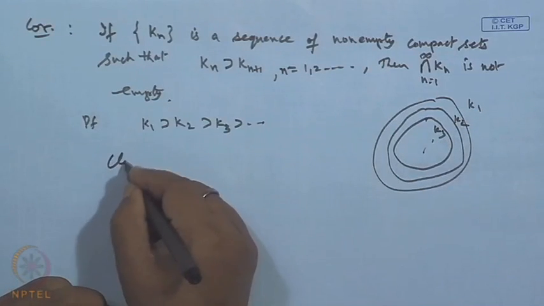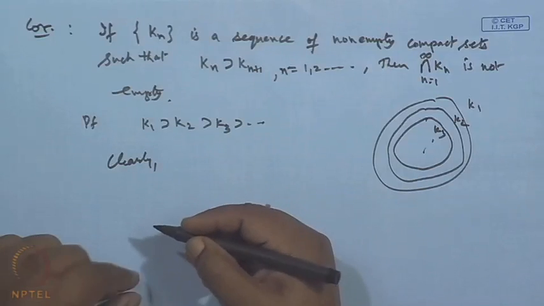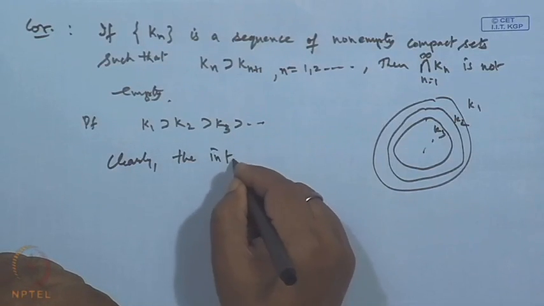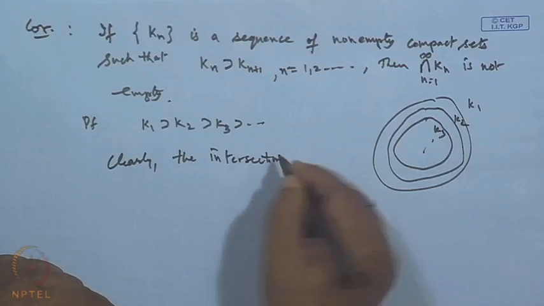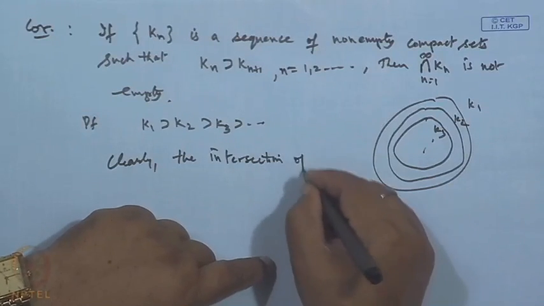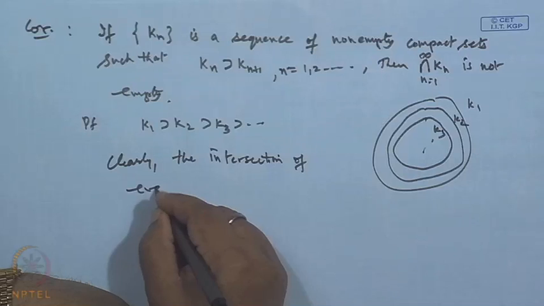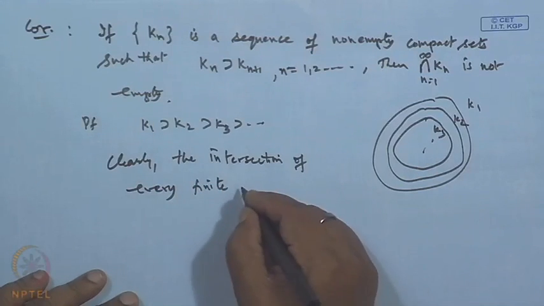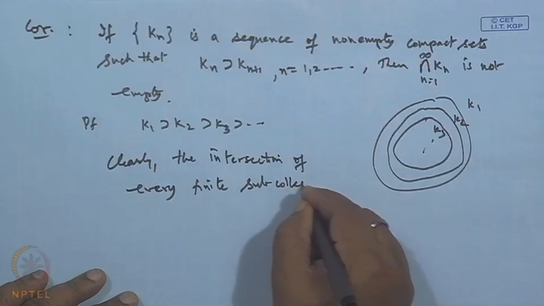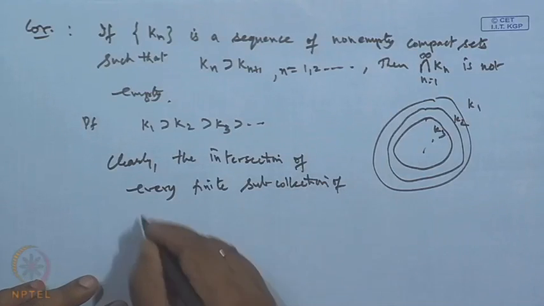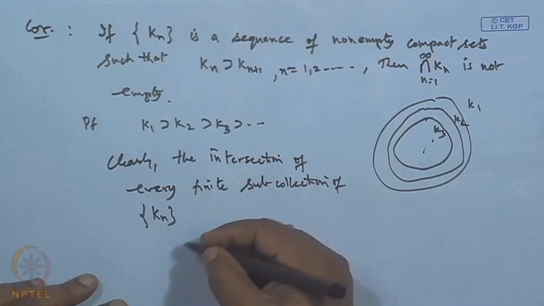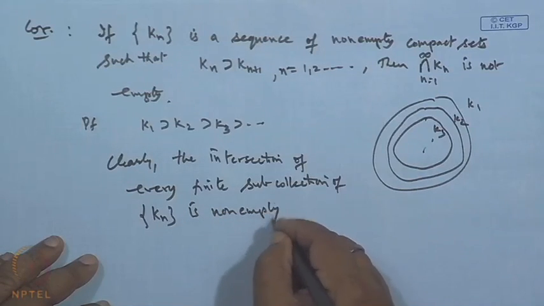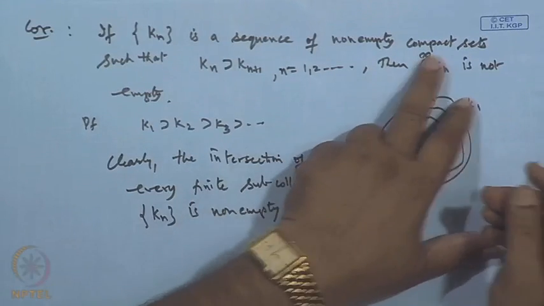So, clearly the intersection of every finite subcollection of K n's is non-empty, and K n's are a sequence of compact sets.